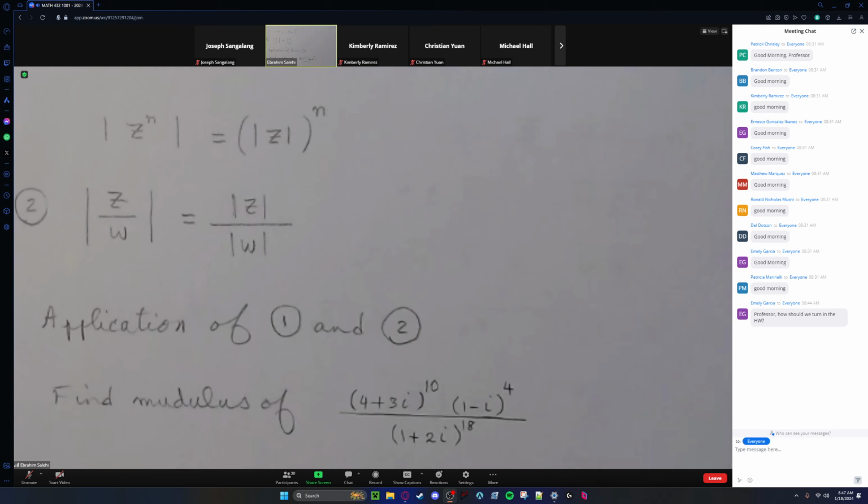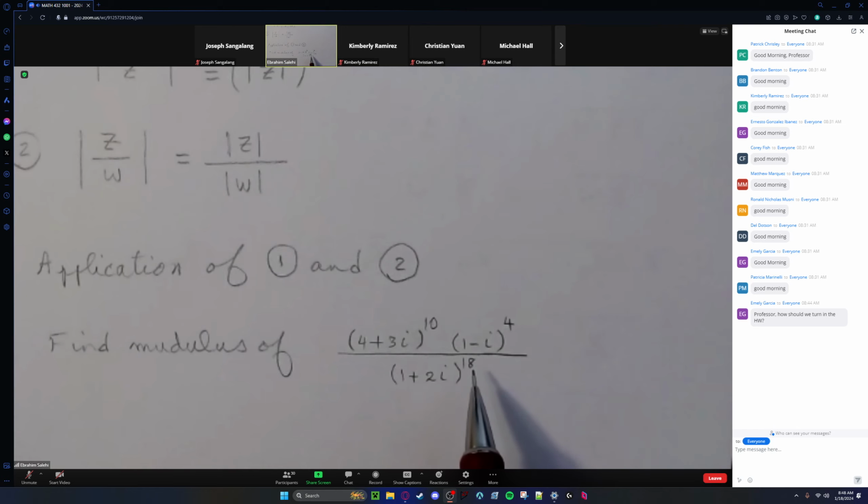If we want to do the arithmetic here, raised to the 10, raised to the 18, and then divide, and at the end find the modulus of that complex number, that is going to be a lot difficult and challenging, a lot of work.